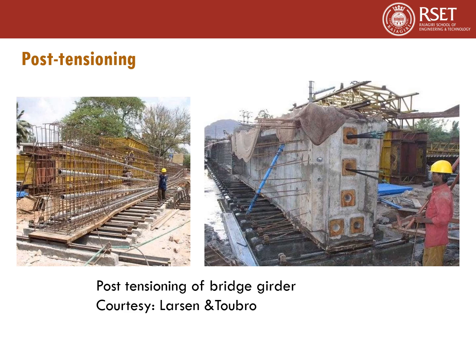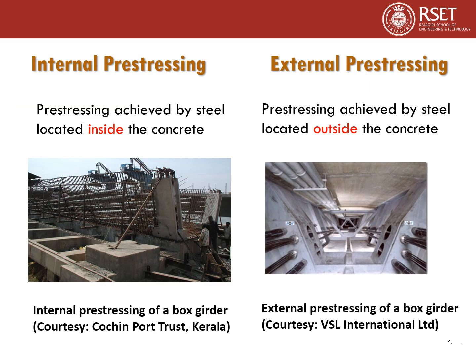These are some examples of post-tensioning. So you can see in the first figure, the ducts are provided for inserting the cables, and first the concrete is cast and then the steel is inserted through these ducts and it is pre-tensioned, and slowly the compression will get transferred to the concrete. Now there are two types of pre-stressing: internal pre-stressing and external pre-stressing.